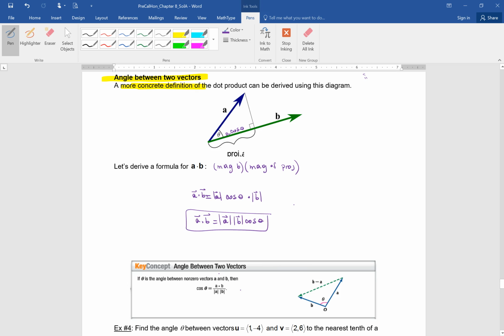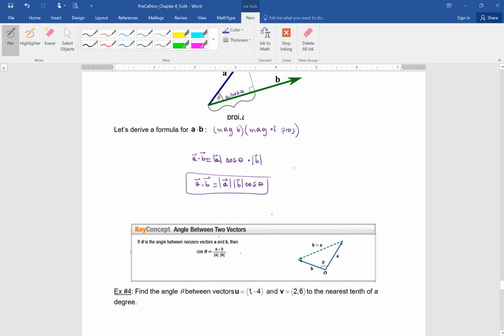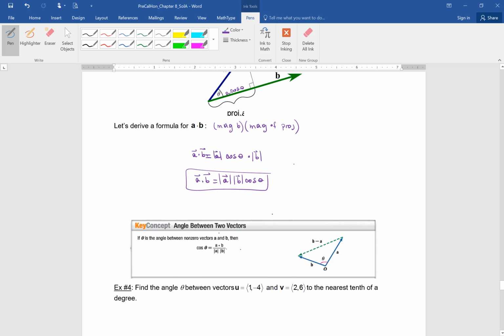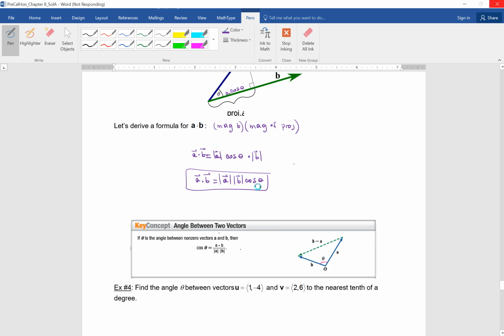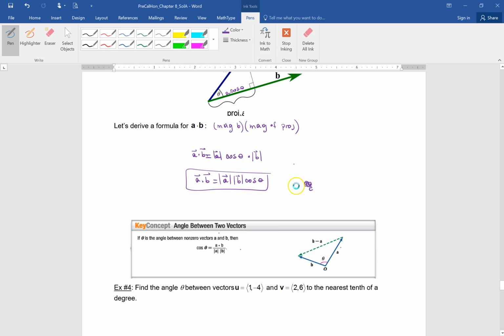Now, what if we have all of that, but we don't have our theta? Well, can we solve this for cosine of theta? We sure can. Cosine of theta is A dot B over the magnitude of A times the magnitude of B. Okay, and it's very elegantly presented to you here.